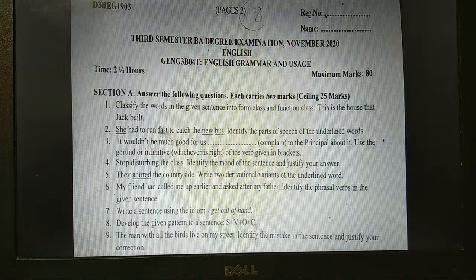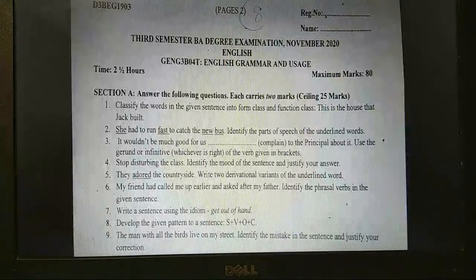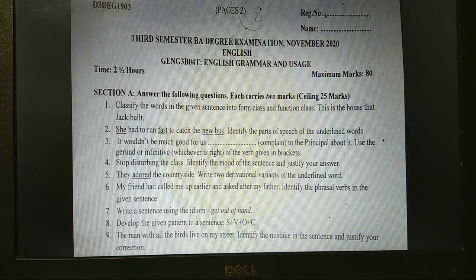Now we move on to the second question. She had to run fast to catch the new bus. Identify the parts of speech of the underlined words. So we have 4 words underlined: she, fast, new, bus. You will write question number 2 in the margin, and write the underlined words.